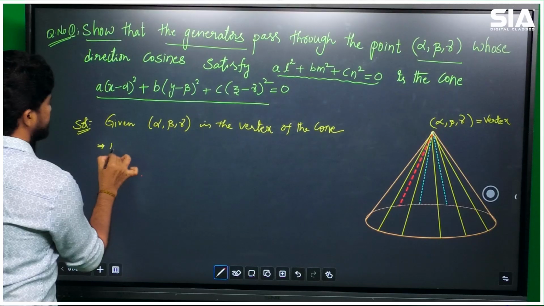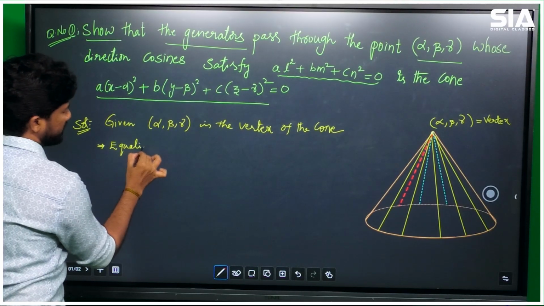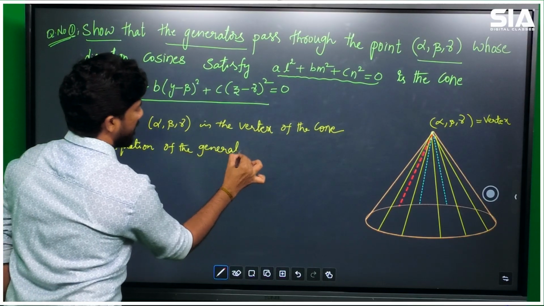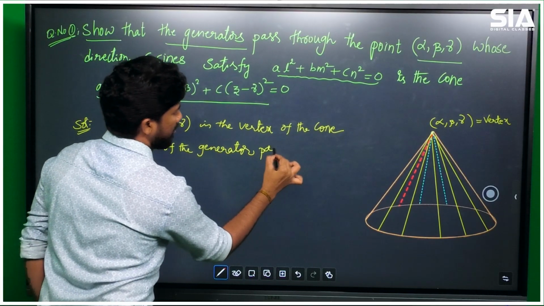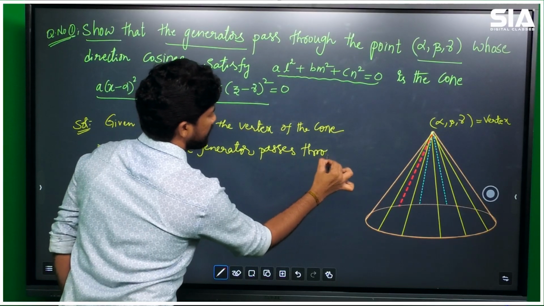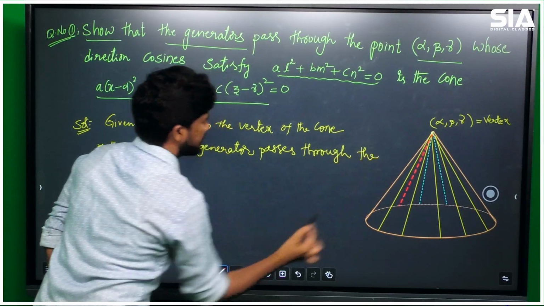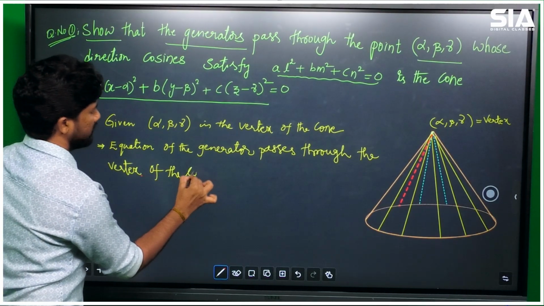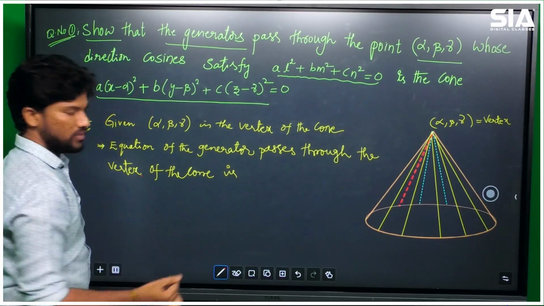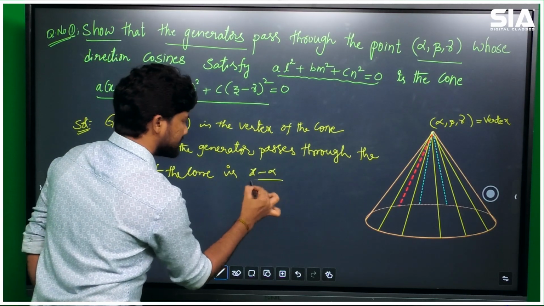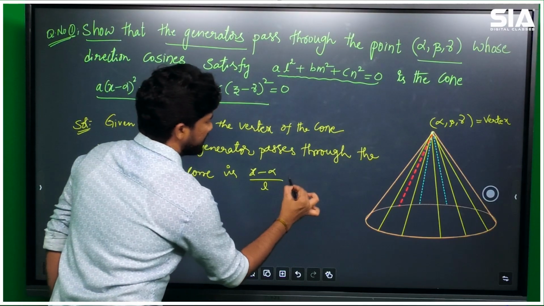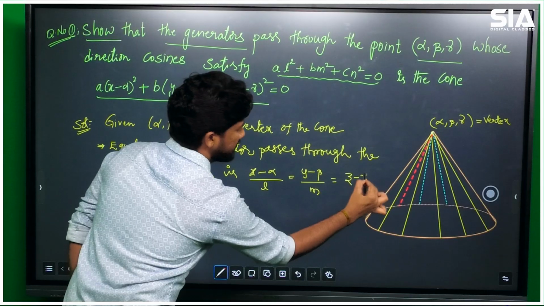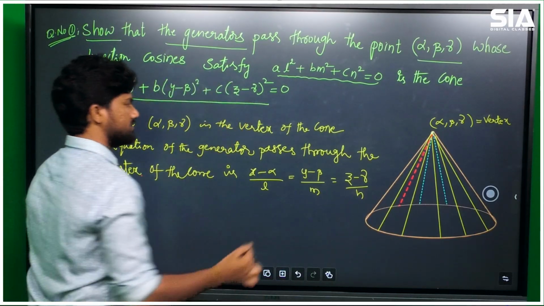So the equation of a generator passing through the vertex of the cone, you know very well, is (x minus alpha) by l equal to (y minus beta) by m equal to (z minus gamma) by n.